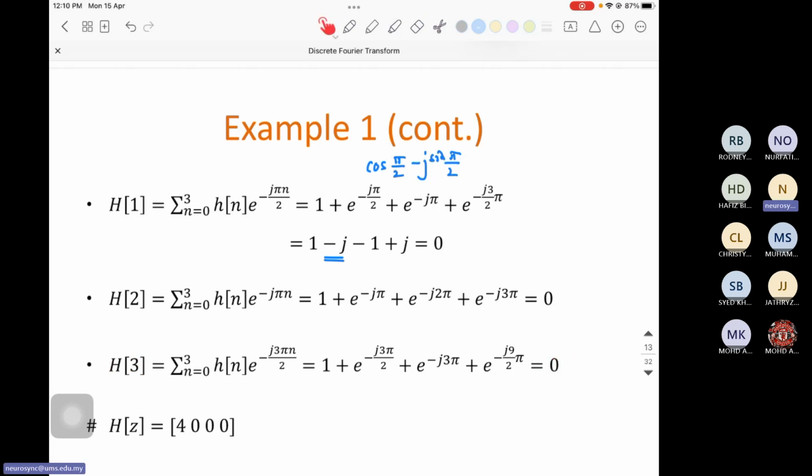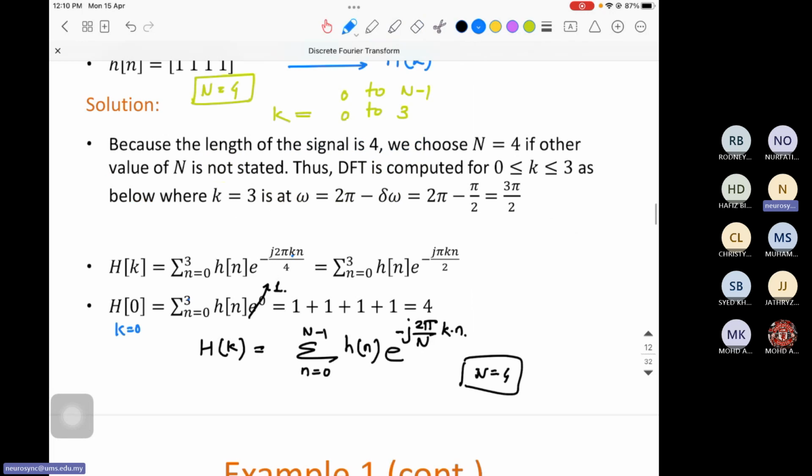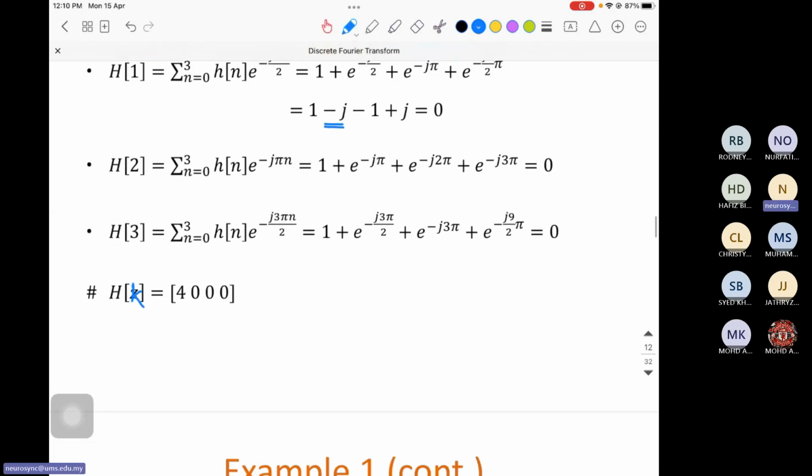So the final answer here, this is H of k. This H of k is nothing but 4, 0, 0, 0. So I will get this as an output of this h of n signal.